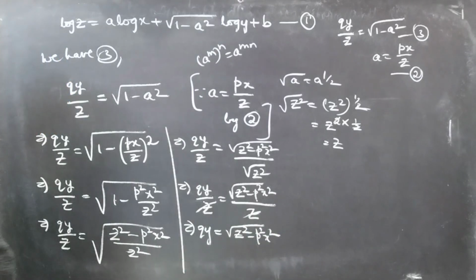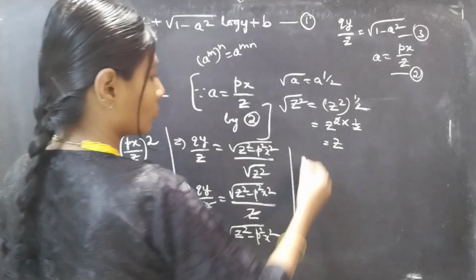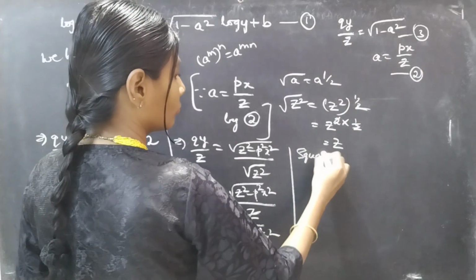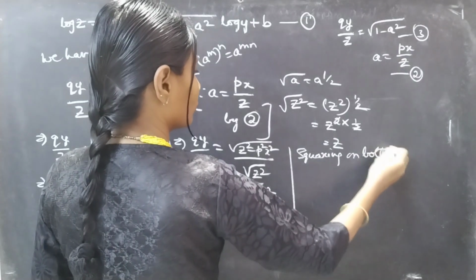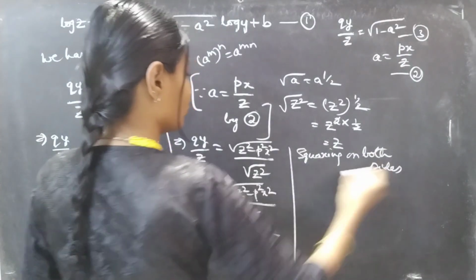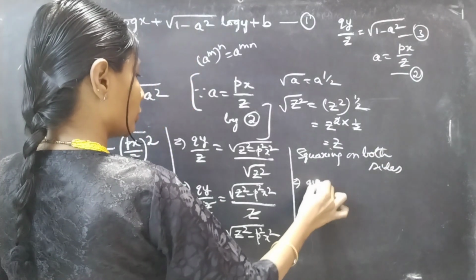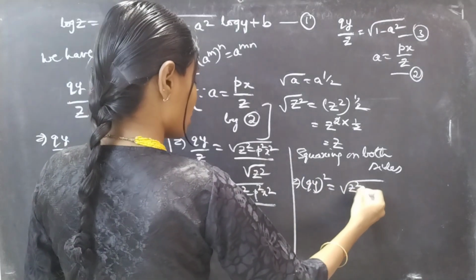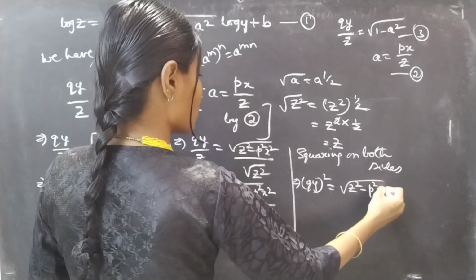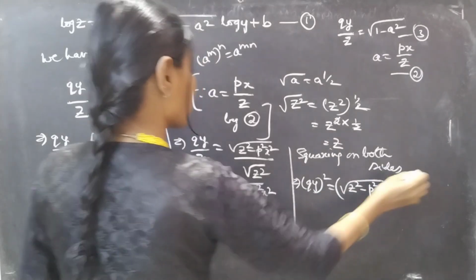Now by squaring on both sides, the square root gets cancelled. qy whole square equal to square root of z square minus p square x square whole square.